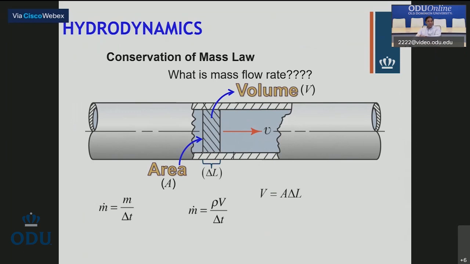But hold that thought for a second. Let me just for now substitute what I know volume is. Volume is equal to the area times delta L. So volume is area times delta L, or that little distance right there.